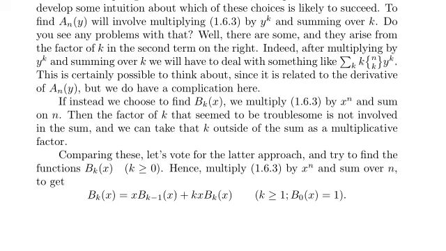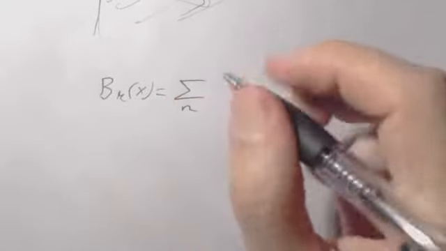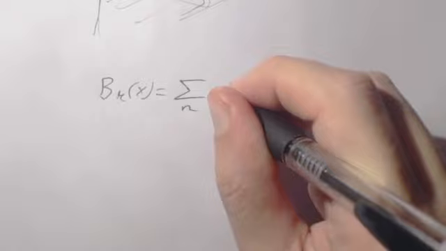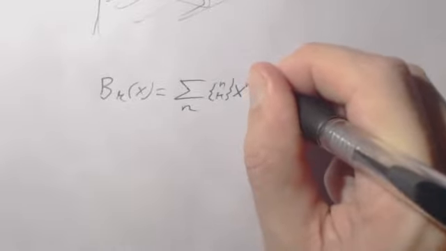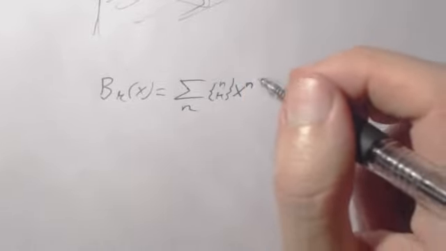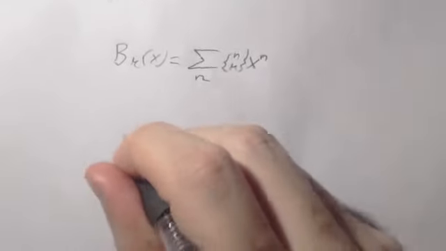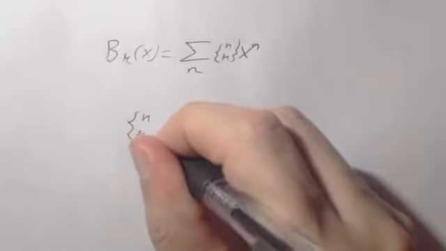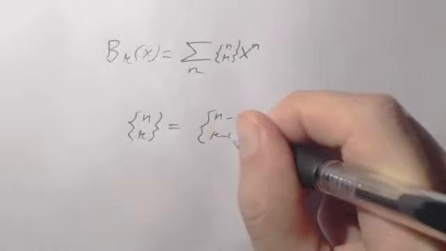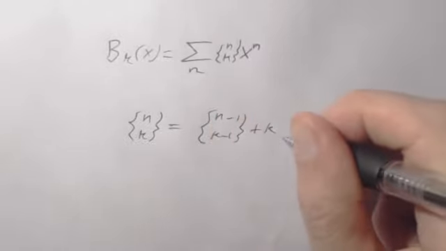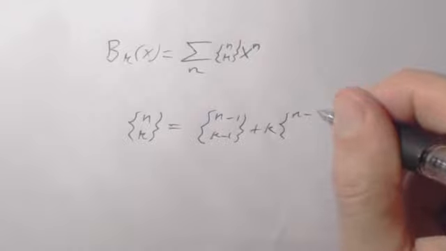So we're going to have B_k(x) equal to the sum over n of {n k} x to the n, and our recurrence relation is {n k} equals {n-1 k-1} plus k {n-1 k}.